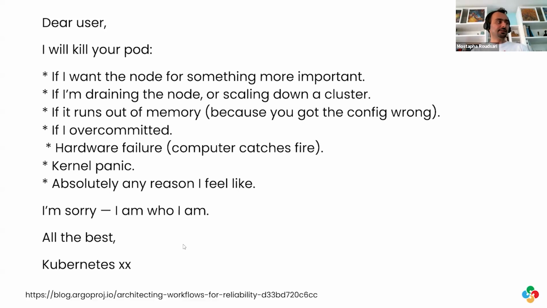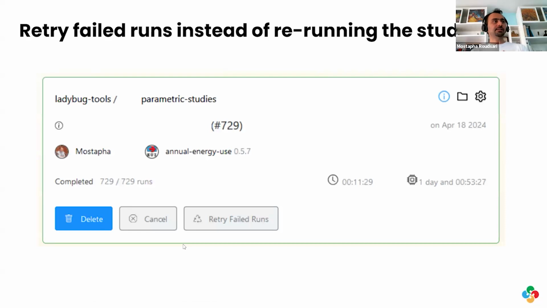We try our best to check what's failing and retry. But sometimes when you have larger studies, like 700 things that you run, things will fail. There is an option to retry failed runs. Don't go ahead and try to rerun everything, right? Just use this and retry failures. And this is very common.